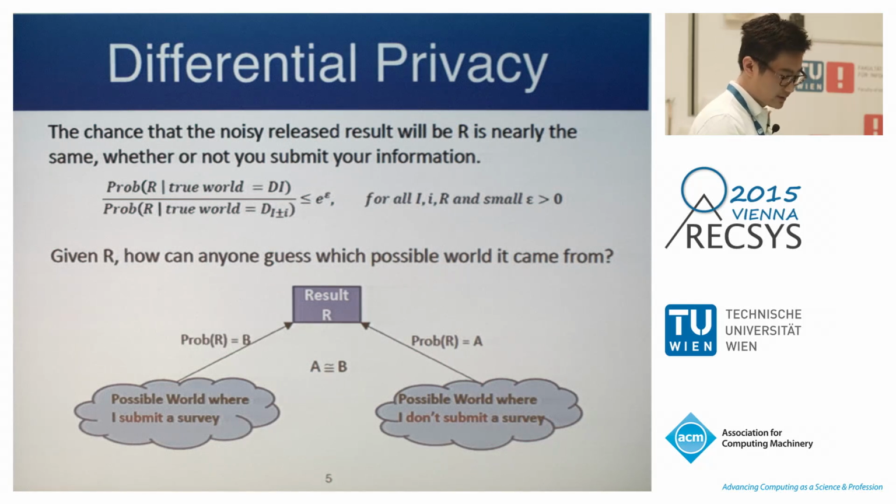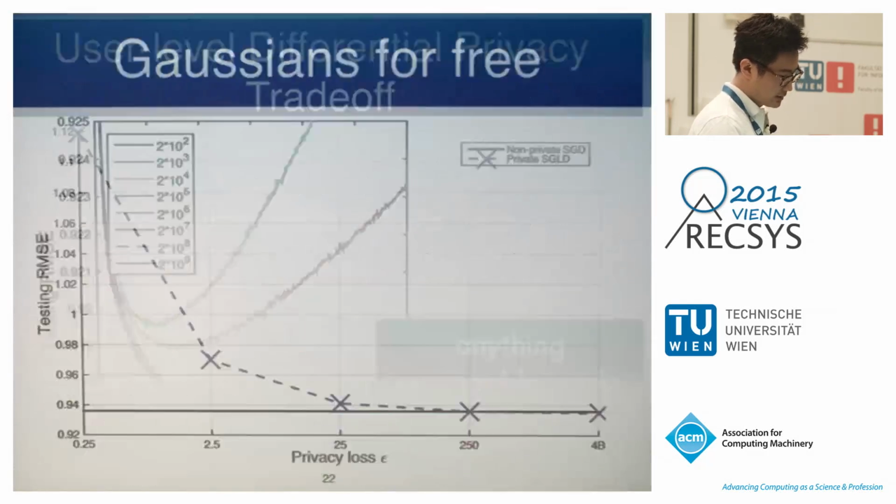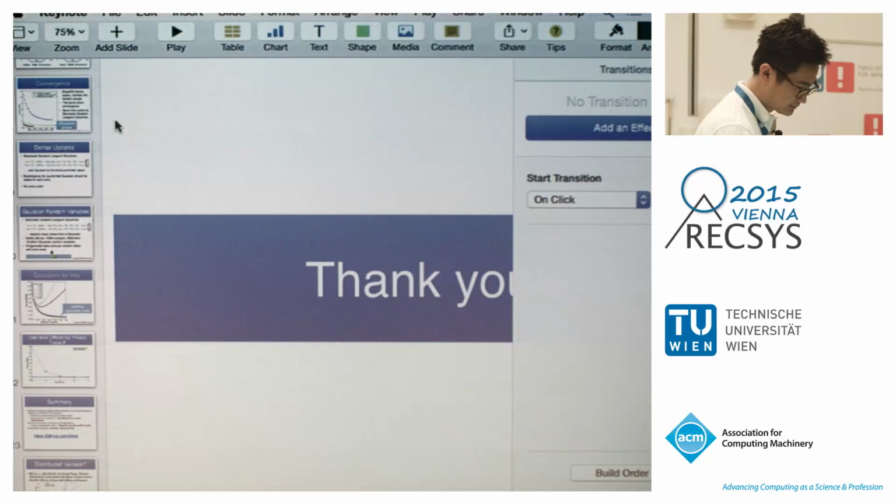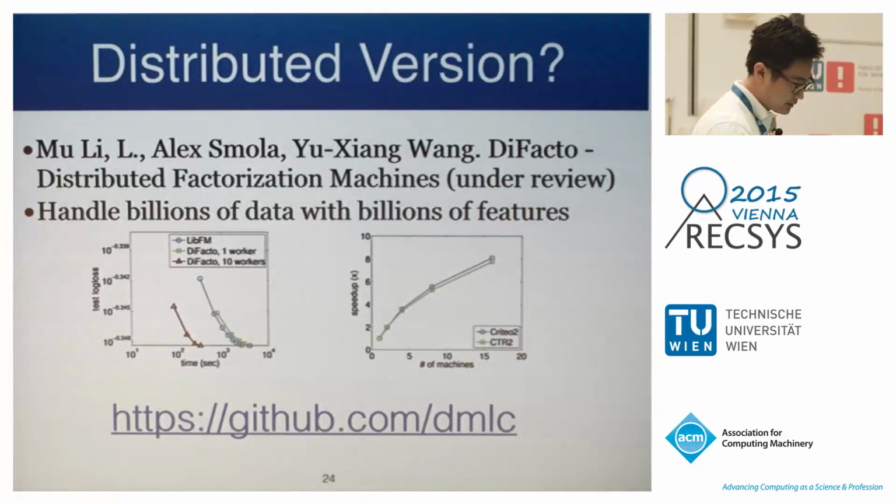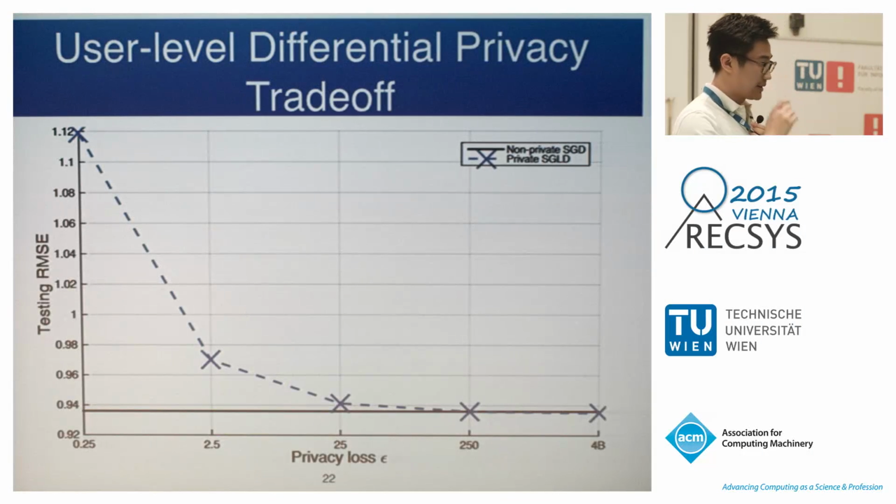Actually, most of the time, if epsilon is smaller than 1, we can say it's a strong guarantee for differential privacy.